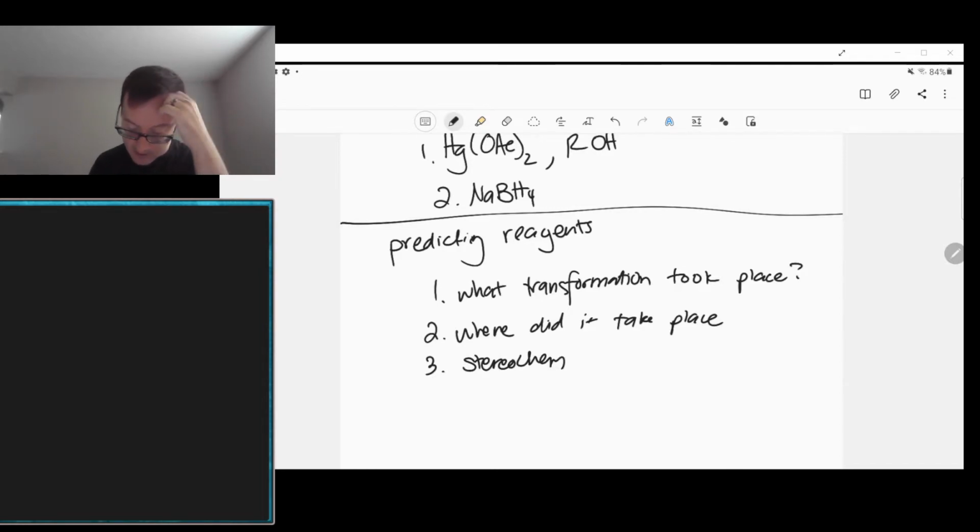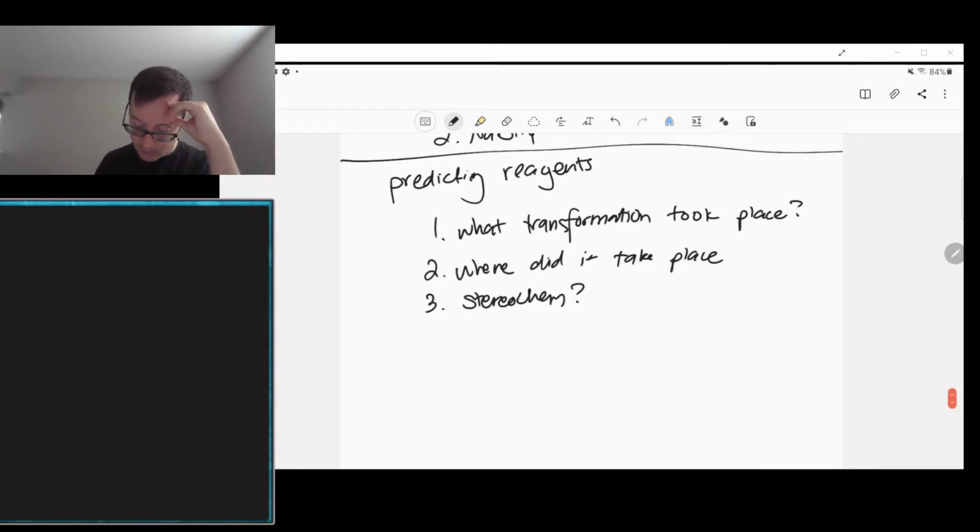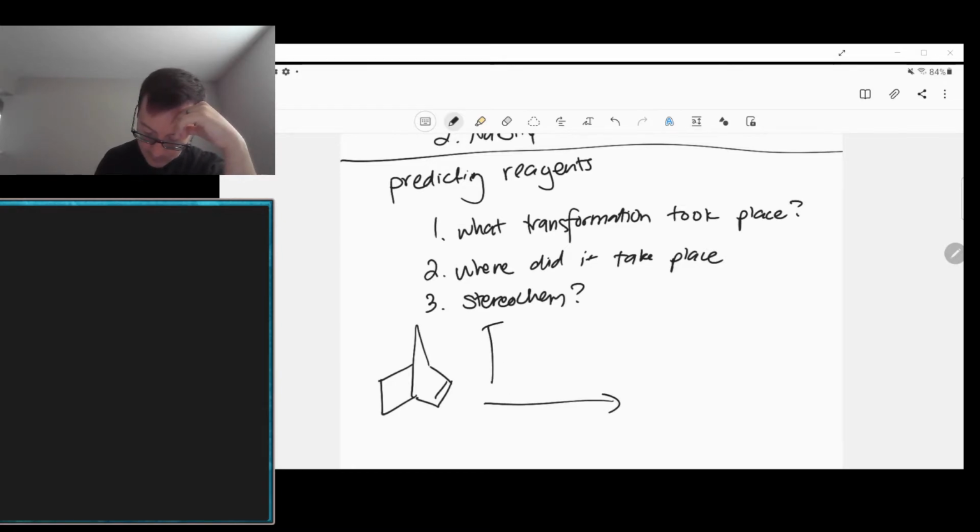And then number three, the stereochem. So if you think, okay, well, here's our starting material, and we do not know.